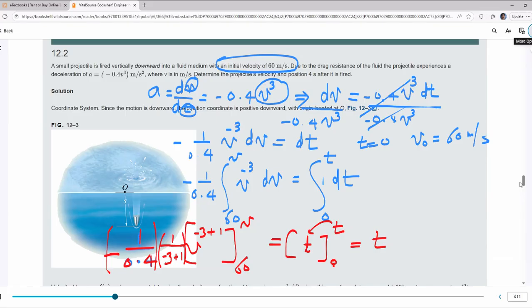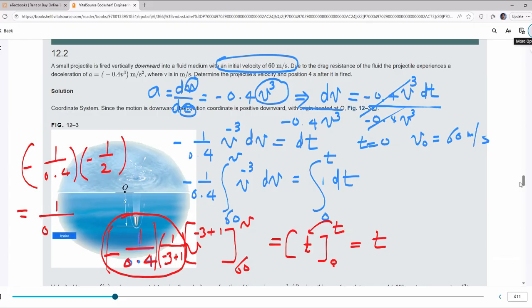Okay, so negative 3 plus 1, that is negative 2. So do the multiplication: negative 1 over 0.4 times negative 1 over 2. Negative times negative, that is positive. 1 over 0.4 times 2, that is 0.8.